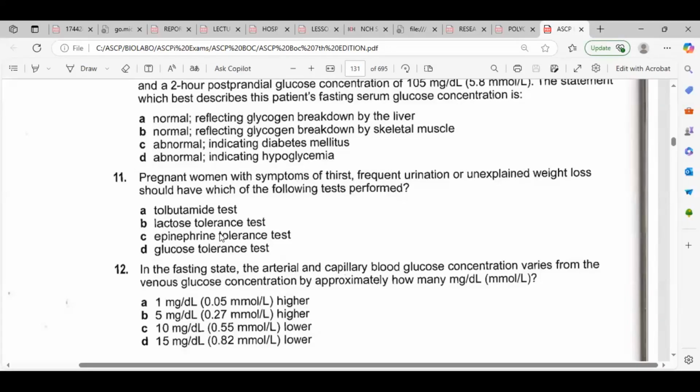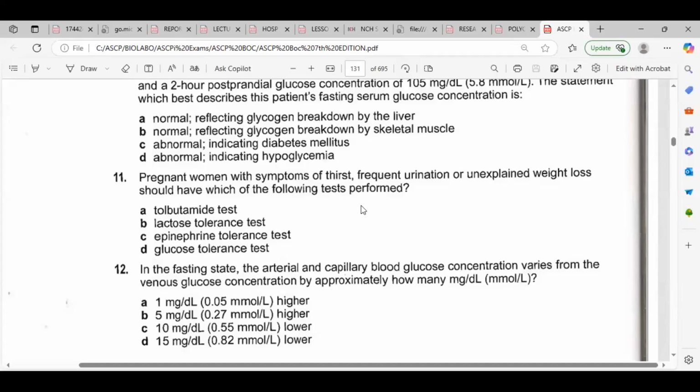Always, when you are going to screen them for diabetes, we do OGTT. And you remember what you have in our notes, that we do the two-step method. The first step is to give 50 grams, and then if it is abnormal, we give another 100 grams. So you remember the way we do it.